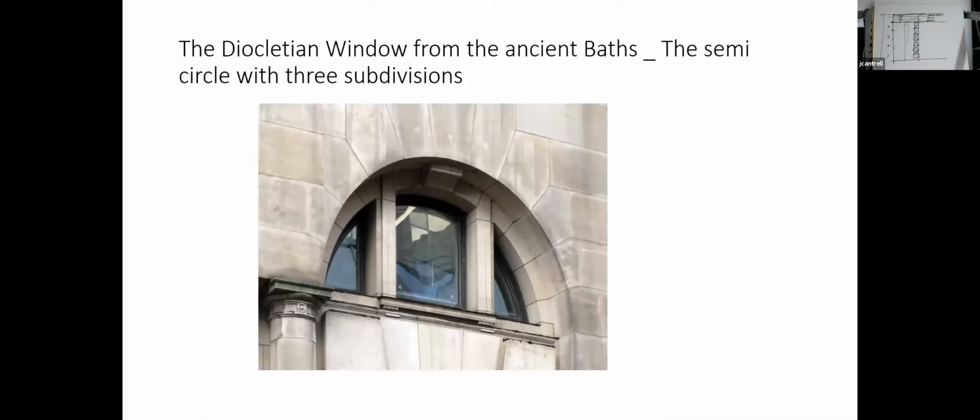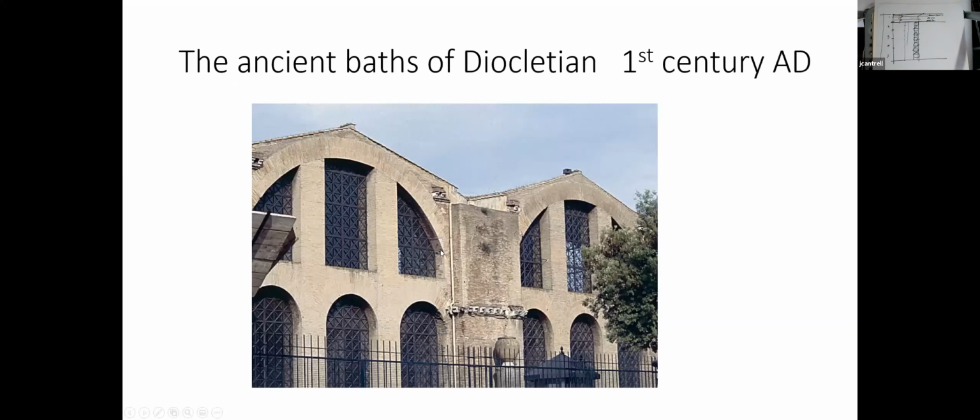Okay, so we're going to talk about themes and variations. These are smaller parts that will add up to a larger whole when we talk about the composition of each one of the buildings throughout the lecture. So the Diocletian window is derived from a very ancient motif from the 1st century AD, the arched composition with the 3-part windows in between. We're borrowing this from the ancient baths of Diocletian.